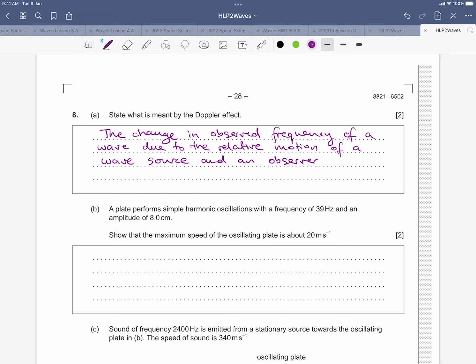Okay, so change in observed frequency, and it's due to the relative motion of a wave source and an observer.